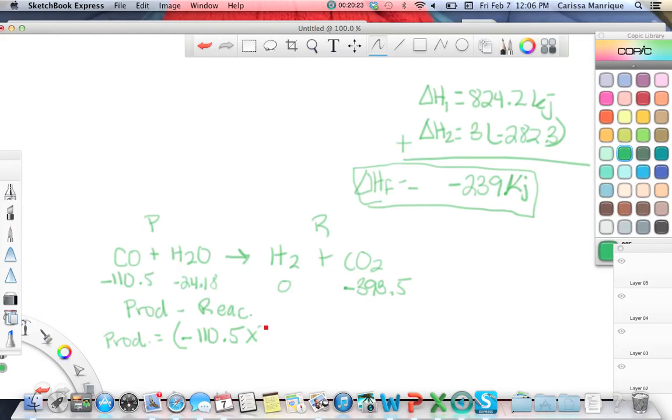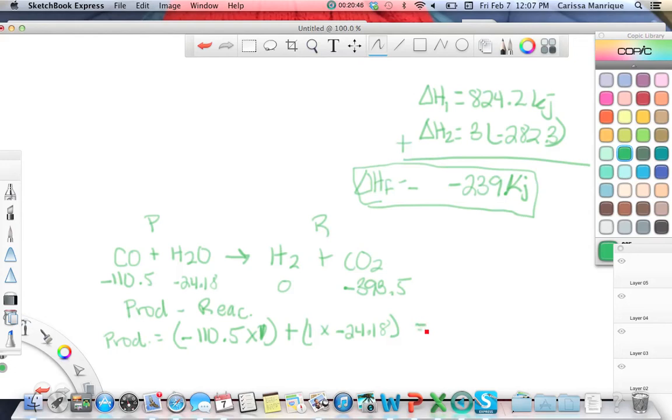Now, let's say there's a 2 in front of there, then I have to multiply this by 2, because this is the energy to take 1. Plus, I have 1 water, and it takes negative 24.18 kilojoules of energy to make it, kilojoules per mole.